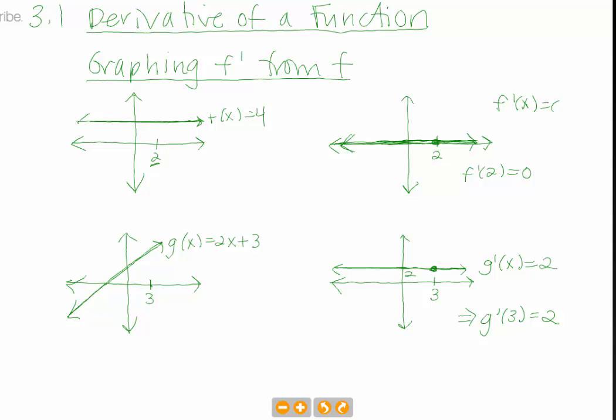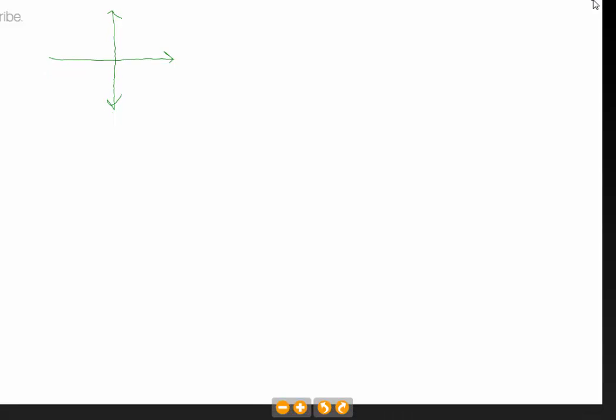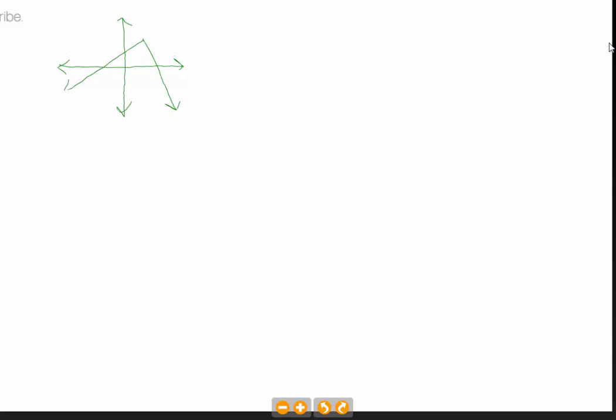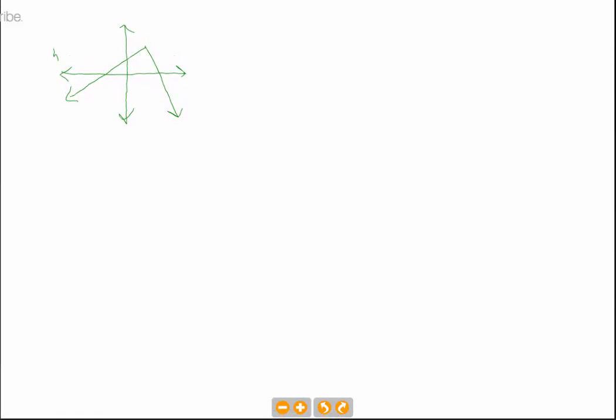Now let's say we have a piecewise function. Again, I'm just approximating my graphs here. We have a piecewise function that looks kind of like this. I know that h of x is 3x plus 4 on this side, and on this side the line is represented by k of x equal to negative 2x plus 9.